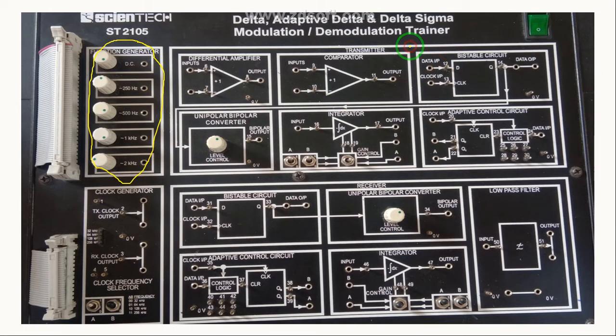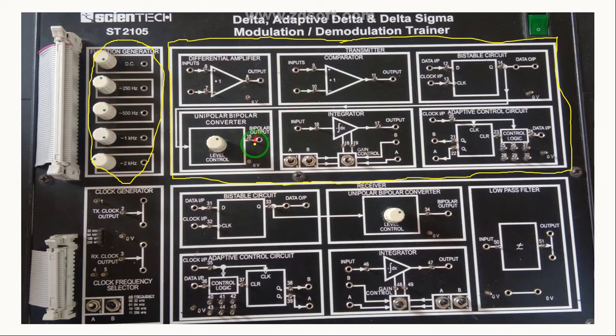This above section is the transmitter, guys. That is called the delta modulator section. So this is your transmitter section.